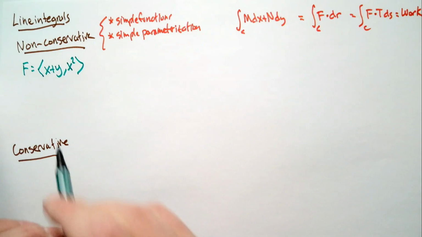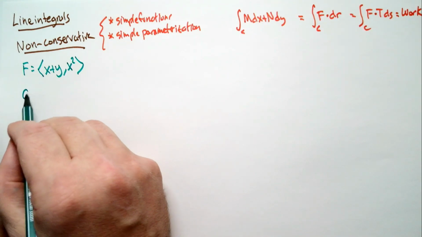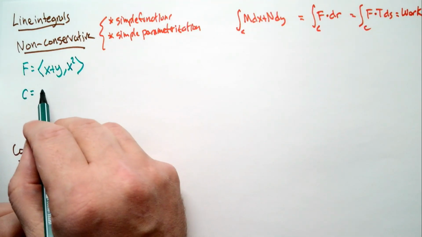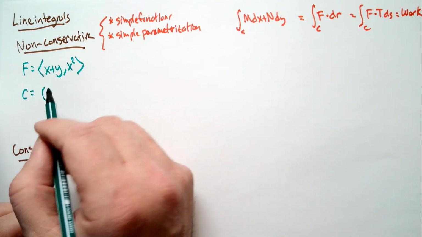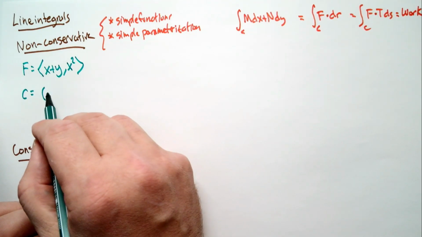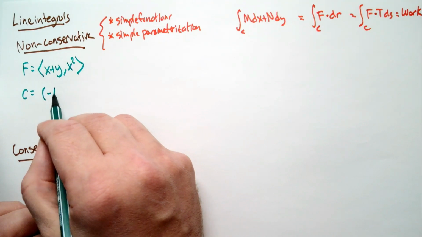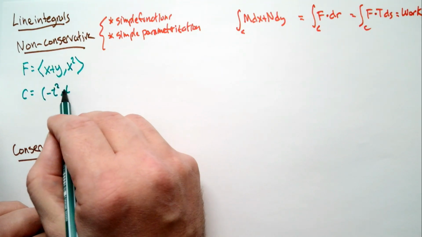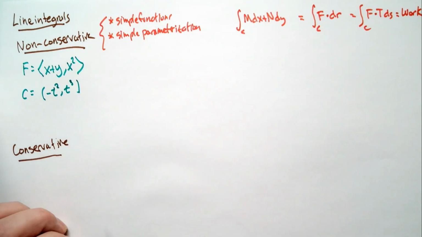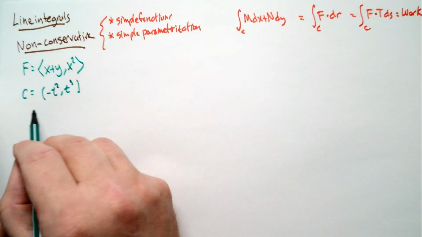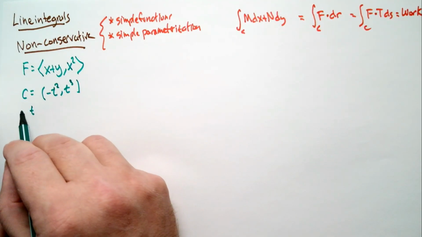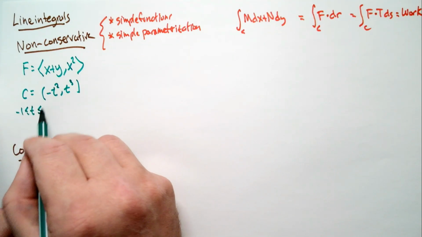And what is C? Well, again, it's a simple curve, so we have to parameterize the x and the y. Okay, let's do it as minus t squared and t cubed, where t is between -1 and +1.